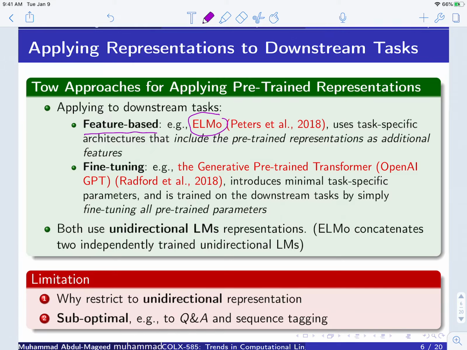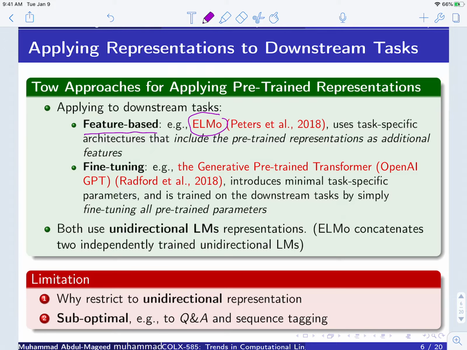So let's say we have a task like sequence tagging, and you have an ELMo representation that you have learned on a dataset, let's say Wikipedia, and then you take that ELMo representation and concatenate it to the downstream task representation at the first hidden layer.